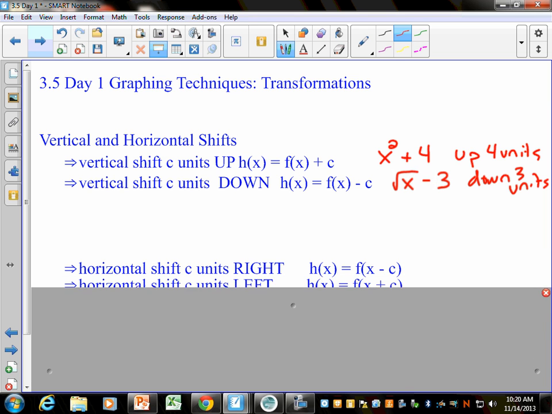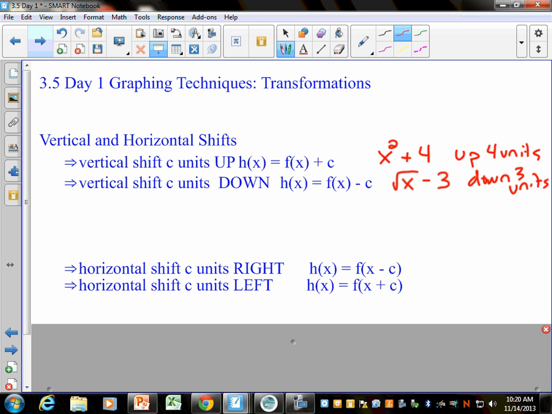If you have a horizontal shift, notice the difference here. I'll give you a second to write this, and then we'll write it out. Horizontal means that you're shifting your graph to the right or to the left.